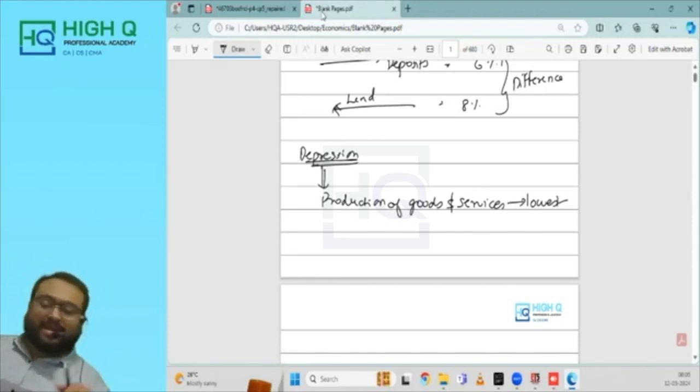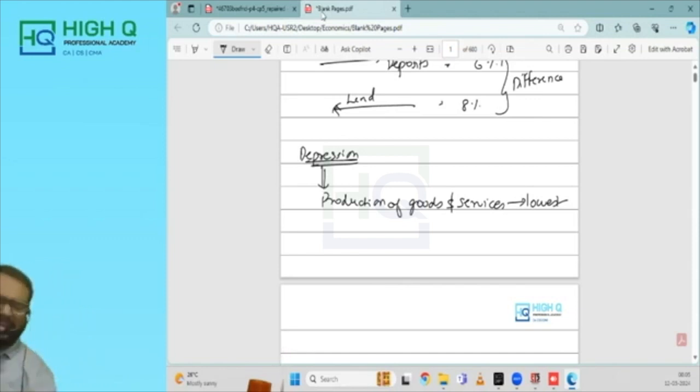Write down. In depression, production of goods and services is low. Demand for goods is low.